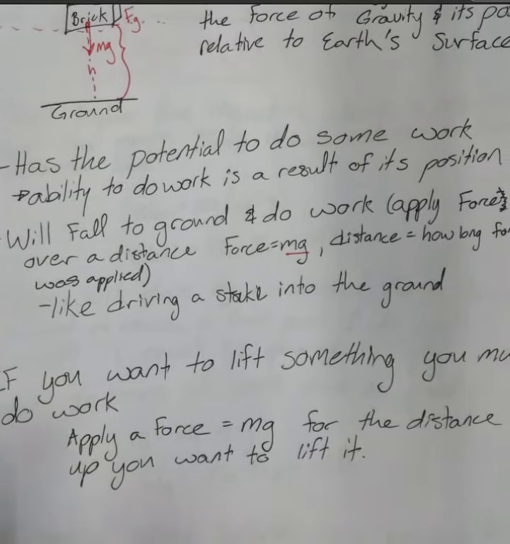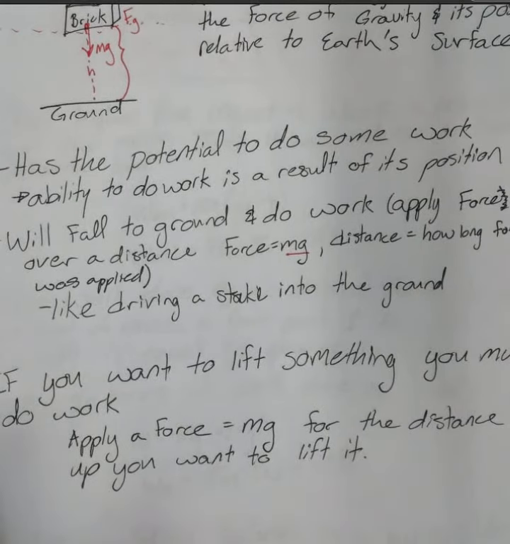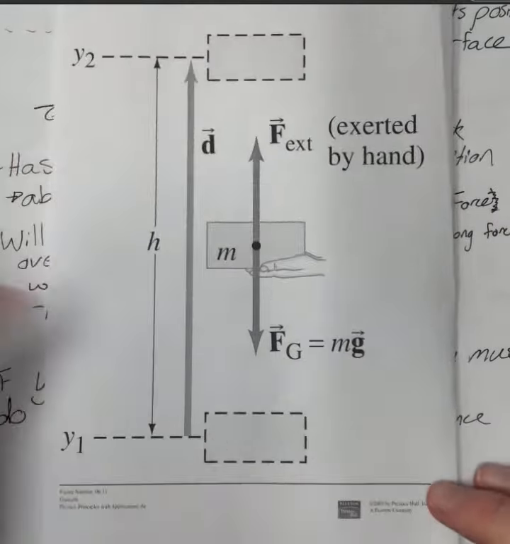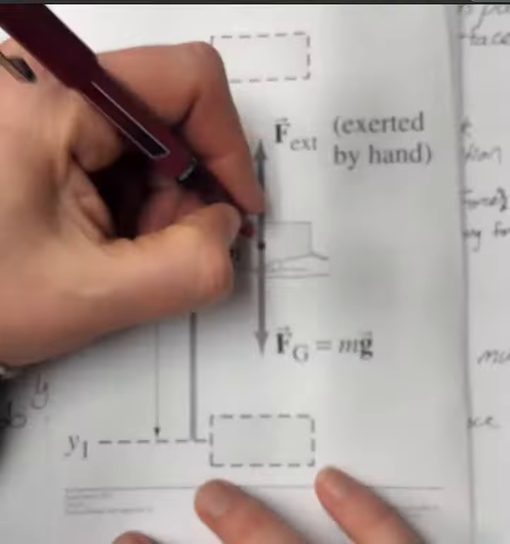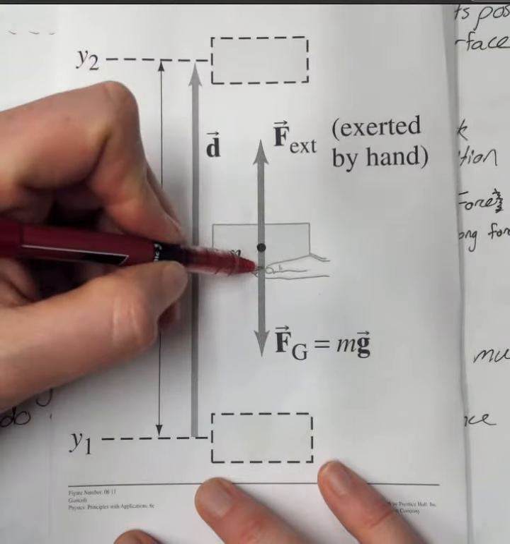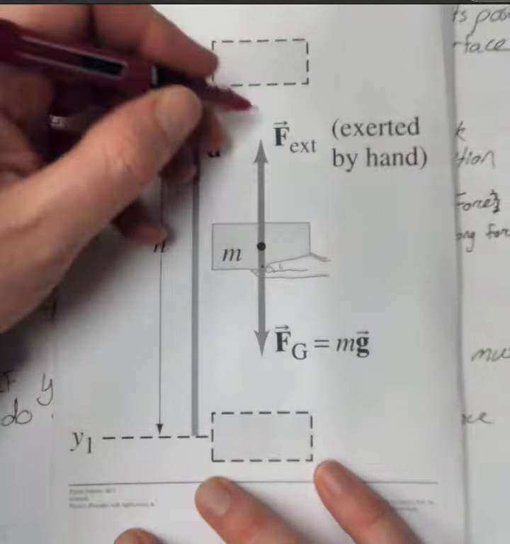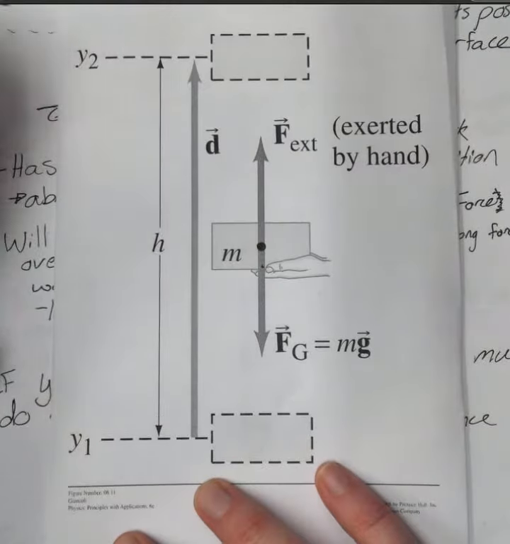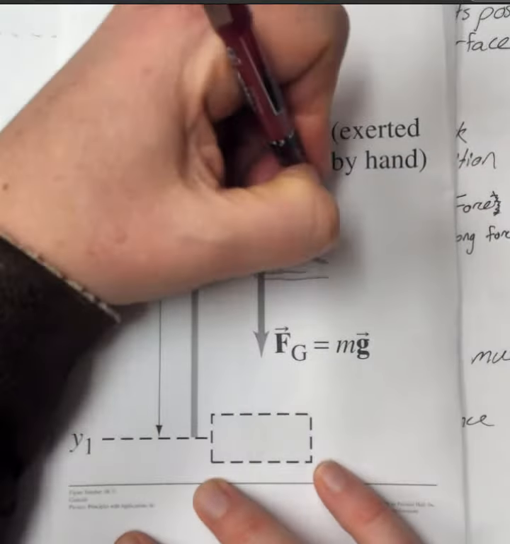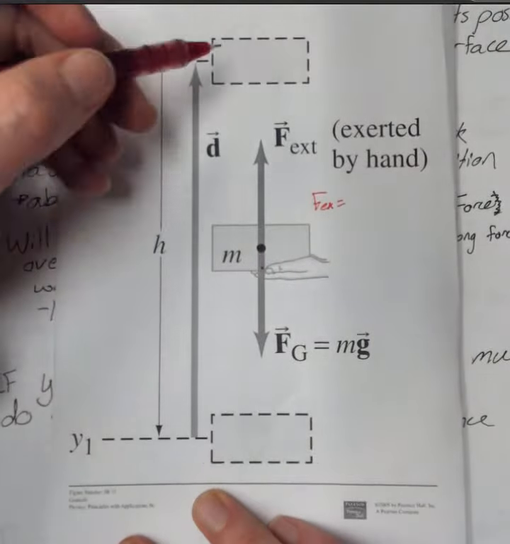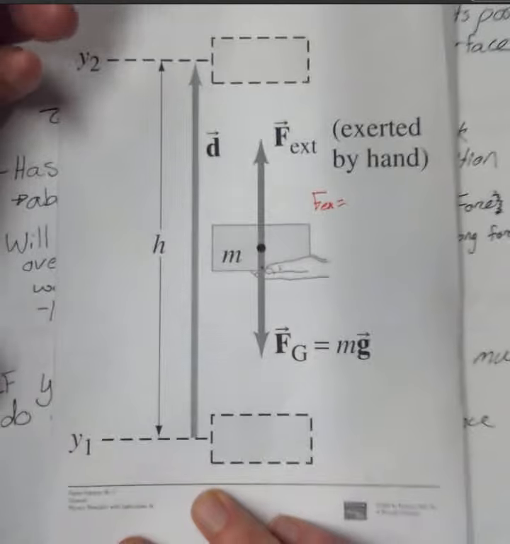If you want to lift something, you have to do work, which means you have to apply a force over the distance up that you want to lift it. So let's go back to our brick example. Here, if you want to lift the brick up, you must apply a force, and we'll say this is the force exerted by the hand, and in order to do this with uniform motion, we always want to assume uniform motion.